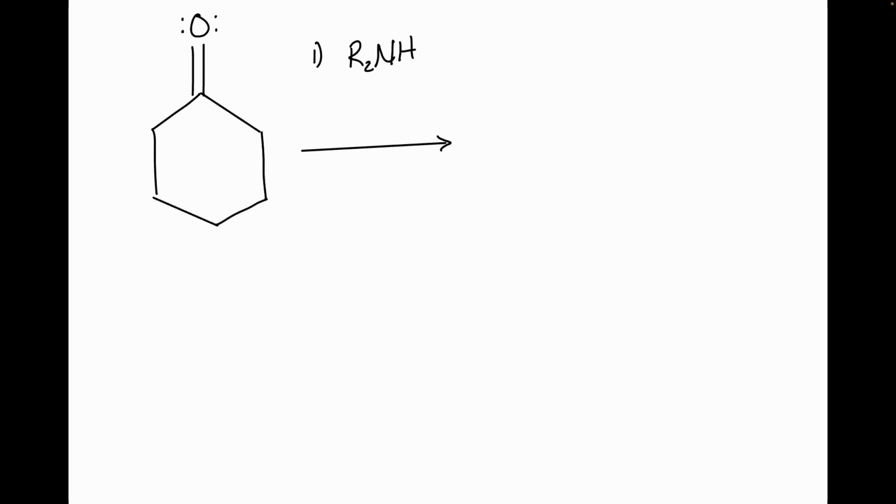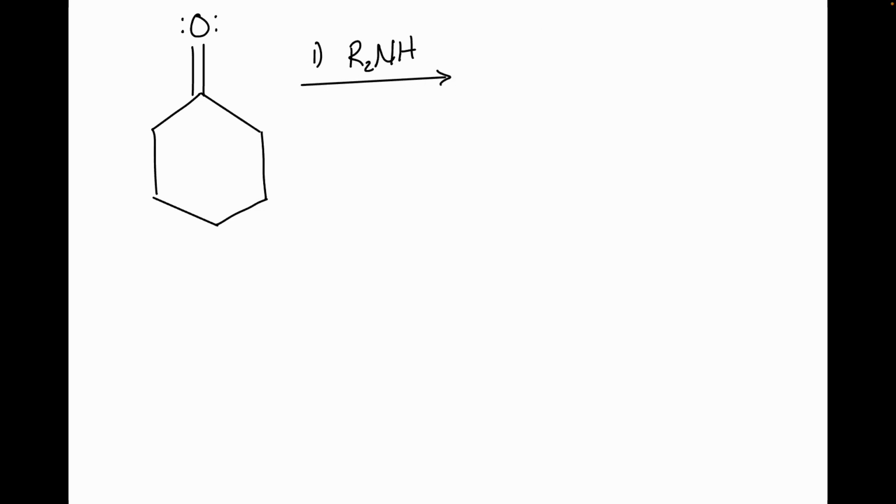Starting with a different aldehyde or ketone, we're going to use cyclohexanone. All right, and we're going to do one of these Michael reactions by first, instead of putting base in, I'm going to put in my secondary amine, creating that enamine.